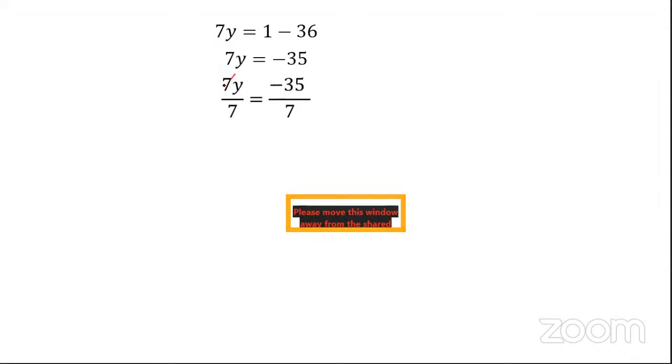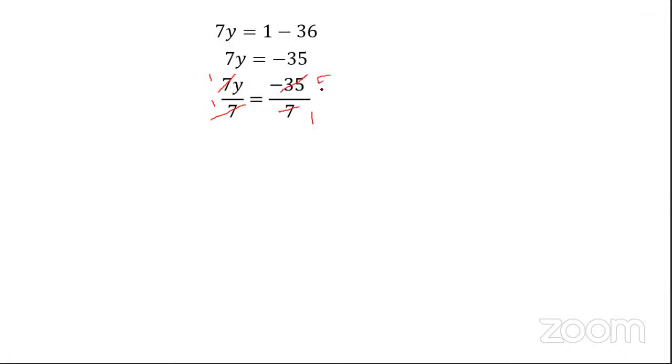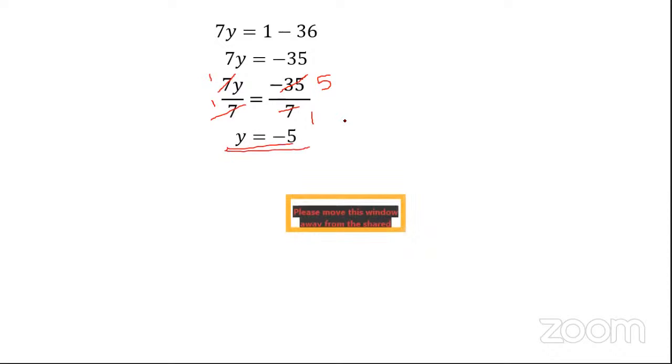So negative 35 by 7 is negative 5, and therefore our y would be equal to negative 5, which is the same value as what we got using elimination method.